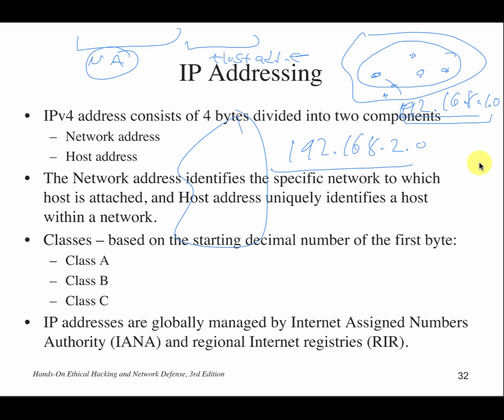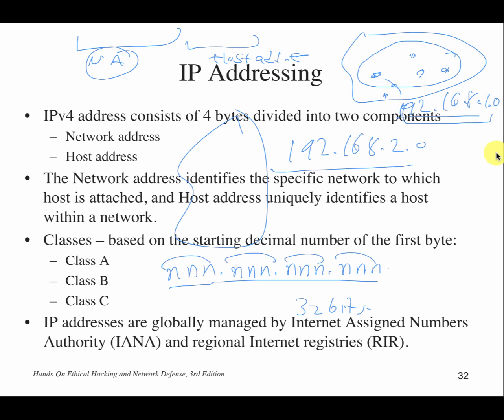Again, the IP address is 4 bytes in length, usually expressed in the form n.n.n.n. So the total here is 32 bits. All 4 bytes: this is the first byte, the second, the third, and the fourth byte.